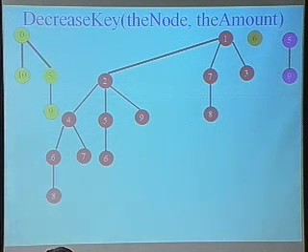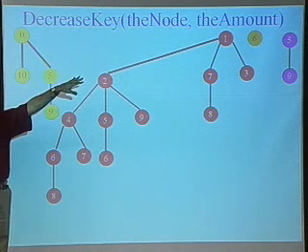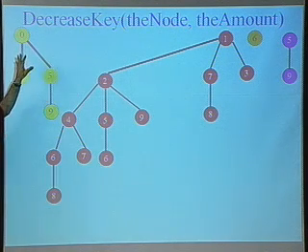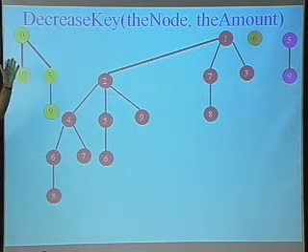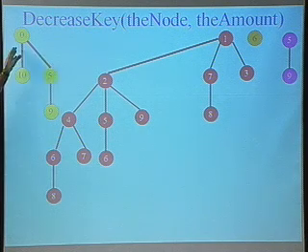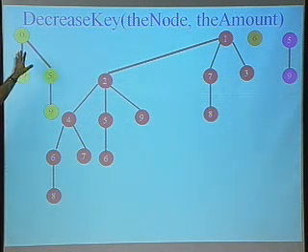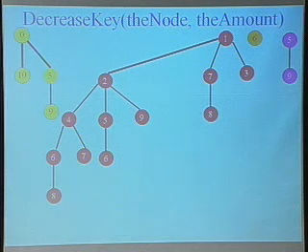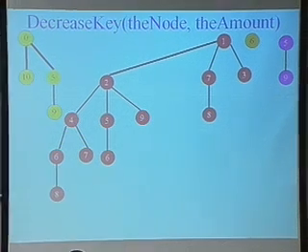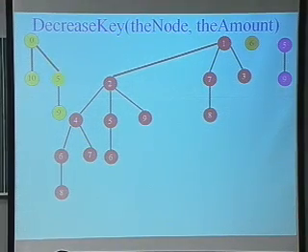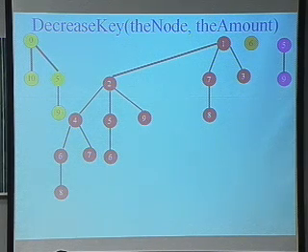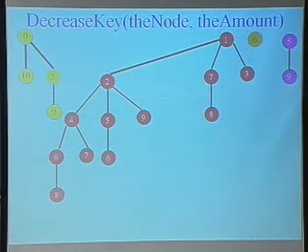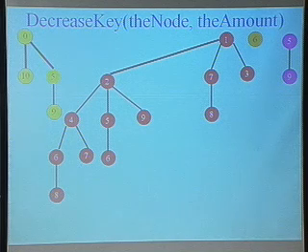Then I have to check this key against the min value, because I might have dropped below the min value. I update the min pointer. And in this case, I've actually dropped below the old min value, so the min pointer is now going to come over here. Again, there is no pairwise combining of trees that have the same degree. All right, so the actual complexity here so far is order 1.